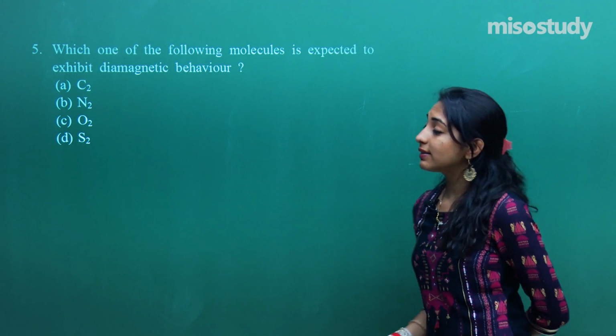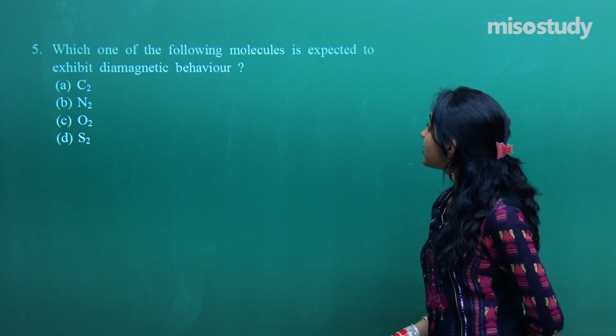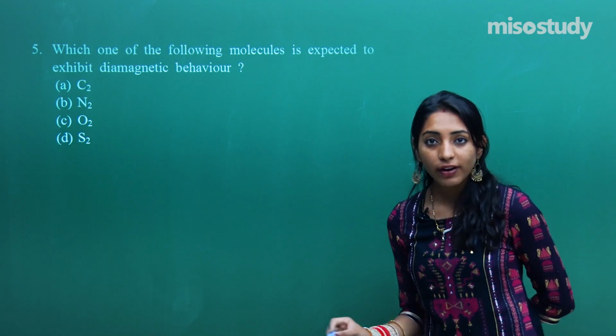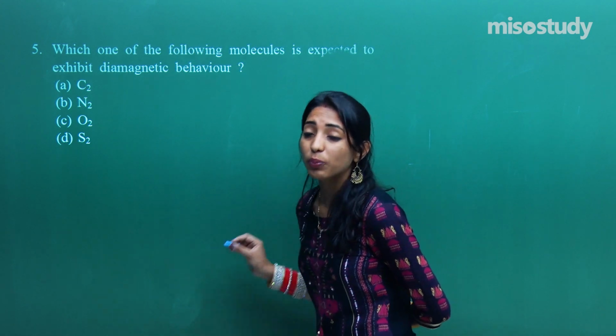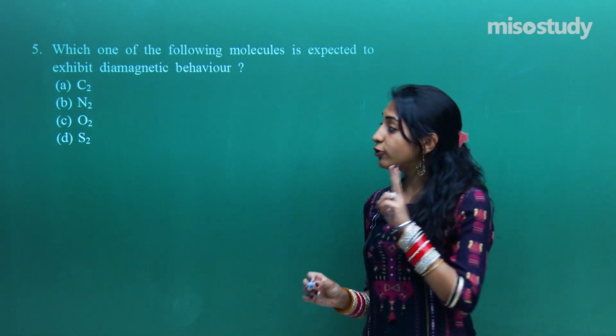The question says, which one of the following molecules is expected to exhibit a diamagnetic behavior? Fine. That means simply you have to draw the molecular orbital diagram, but make sure while you draw it, there will be two categories.